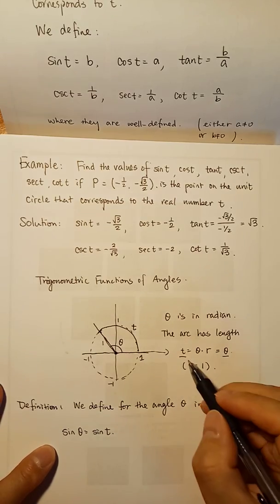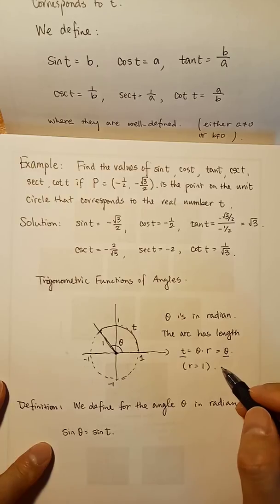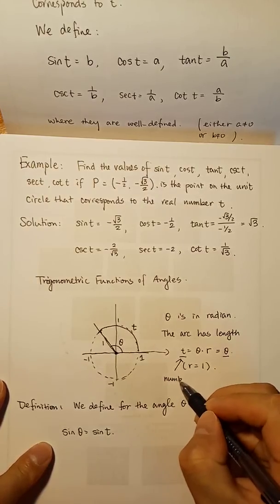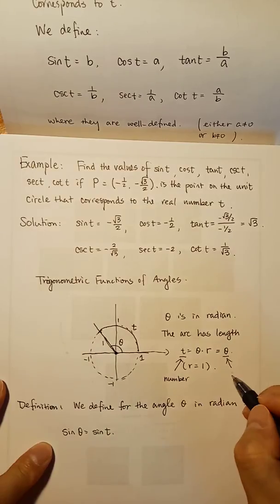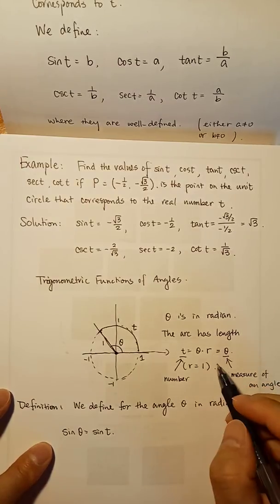Here, this t is just a general real number. Here, this theta is interpreted as an angle. So this is a number. This is a measure of an angle. They are connected by this formula.